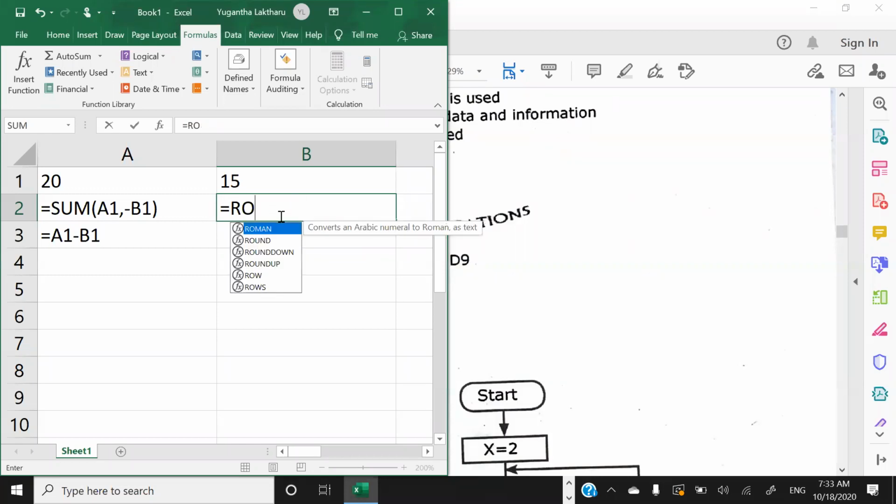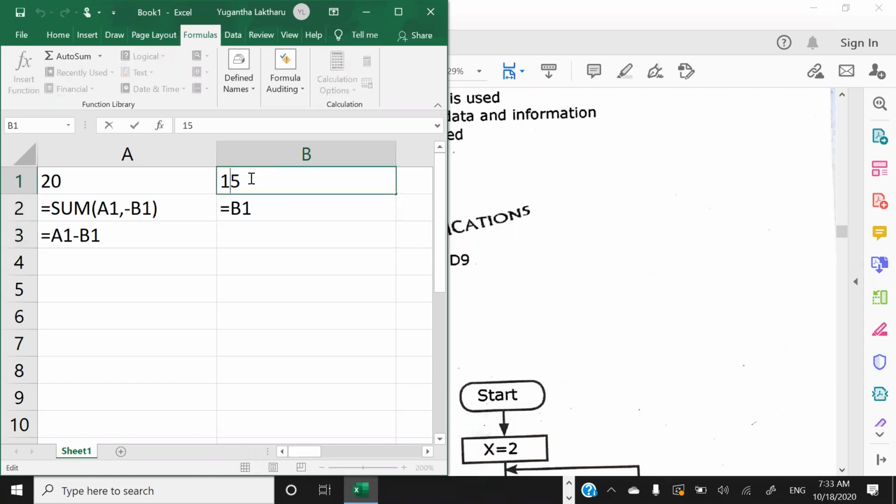Now let me, hold on, let me take this figure as 16 because I need some lengthy floating point value. So I'm just saying A1 divided by B1.